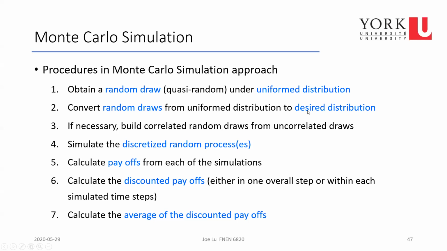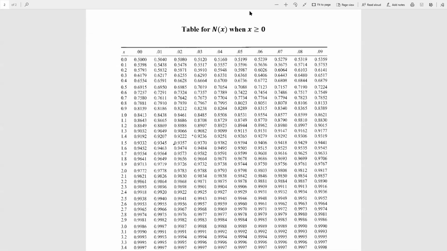So what do I mean really by that? Okay, let's take a look at a normal distribution table. Suppose we want to draw out of a standard normal distribution. So what do I do? Here I have the cumulative standard normal distribution. Out of the uniform distribution, you are drawing numbers from 0 to 1, strictly greater than 0 and strictly less than 1.